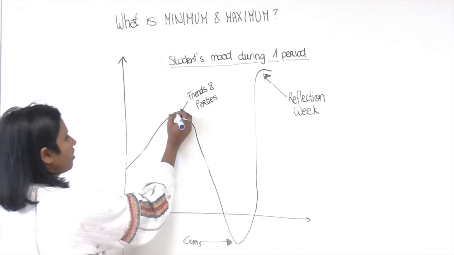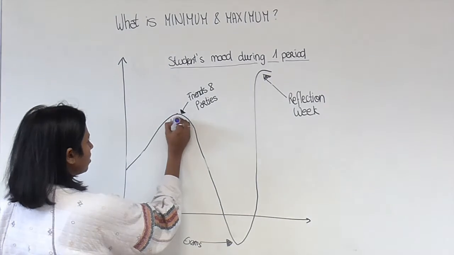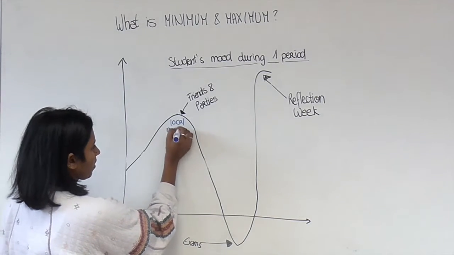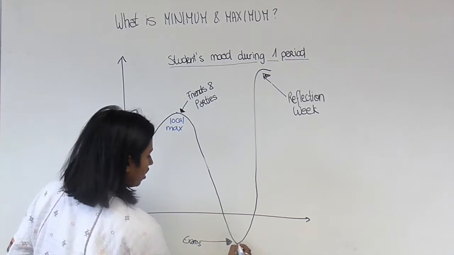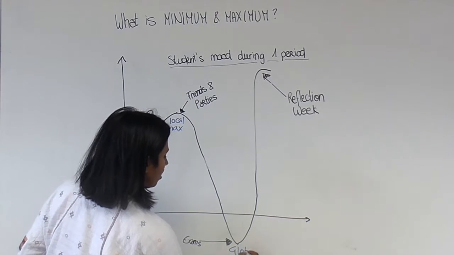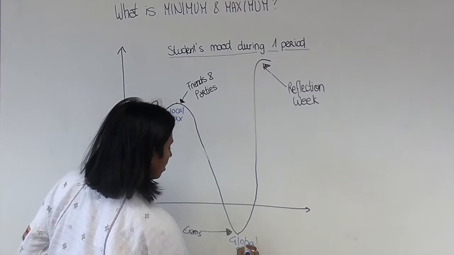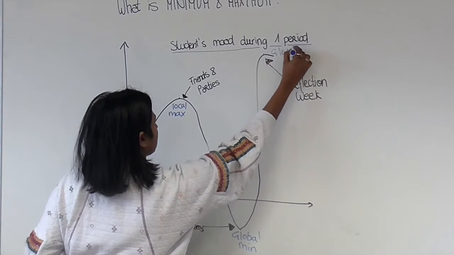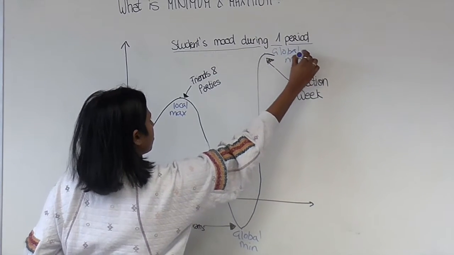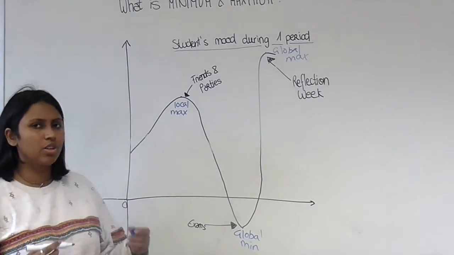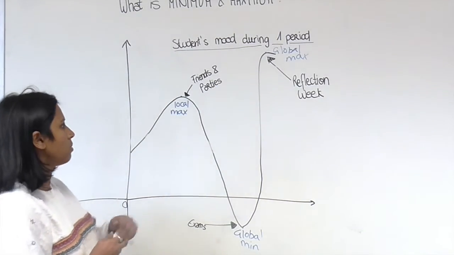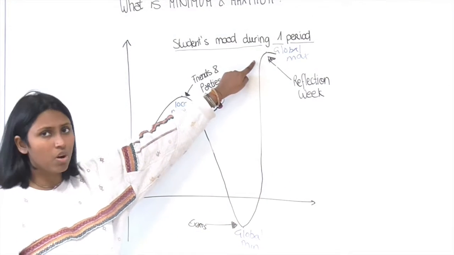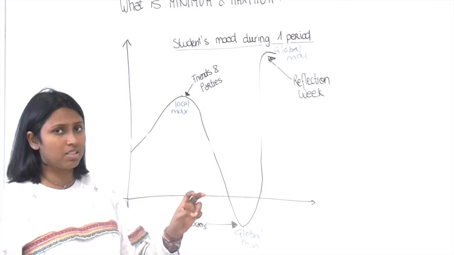So here we have a local maximum point. I'll get back to that later. Here we have the global minimum point, and here we have the global maximum. So the difference between the global and the local maximum points is that within the whole domain we have the highest point, which will be the global maximum.